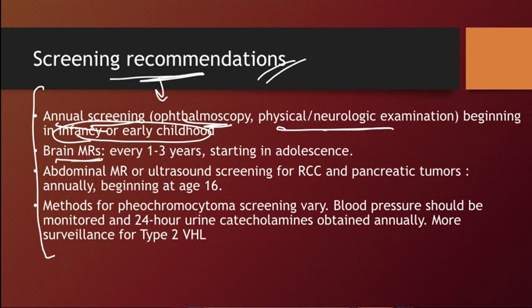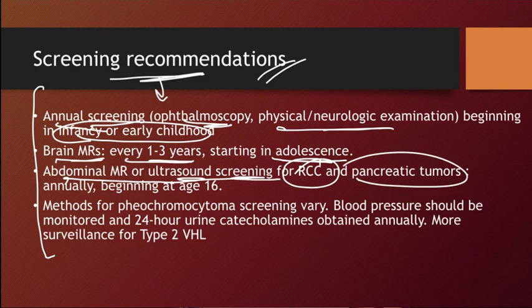Brain MRs to rule out hemangioblastomas and ELSTs will be done every 1 to 3 years, and they will be started in adolescence because that is the usual time when these tumors will present. Abdominal MR or ultrasound screening, particularly for the two most important lesions, that is RCC and pancreatic NETs or cystadenomas, usually begin at the same time in adolescence around the age 16.